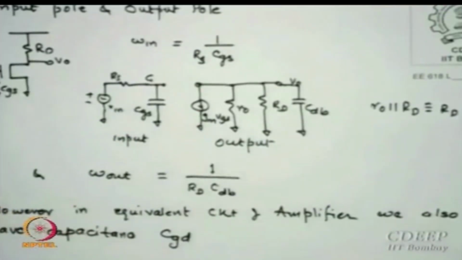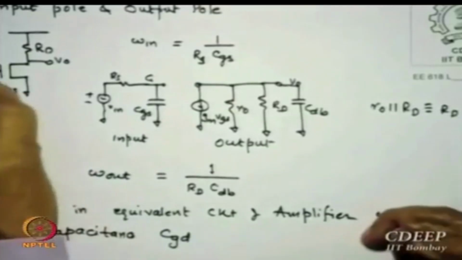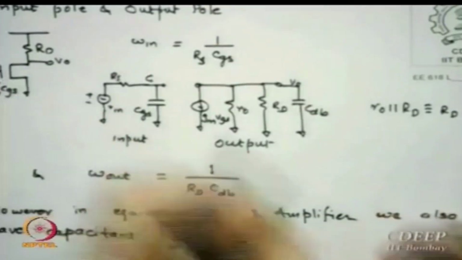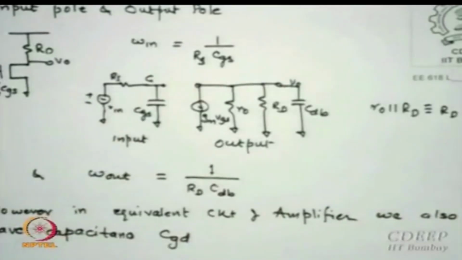First thing, we right now neglect the capacitance between gate and drain in a normal transistor, which is called CGD, a very important capacitance. Right now I have not shown it, but there will be capacitance from the substrate, capacitance to drain, capacitance to source.